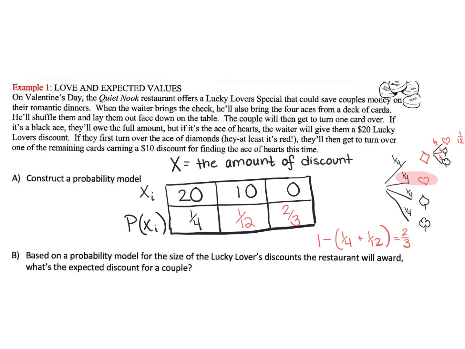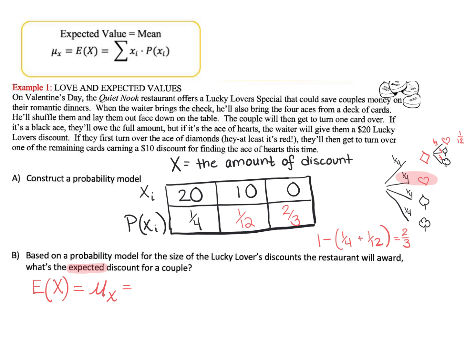The moment you see the phrase expected in a probability question, your brain needs to say, oh, they're asking me for the expected value, which is E of X. You can go to your formula sheet and see that this is the same as the mean. And how do we get the mean? Well, our formula states that we take each individual outcome times the chance of it occurring, and we multiply it together.